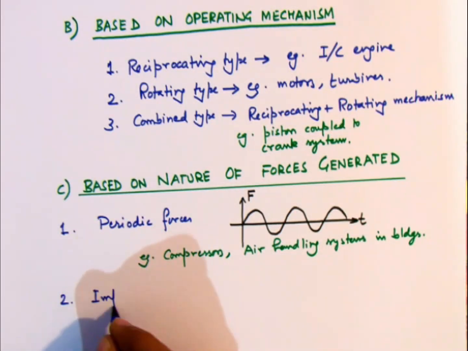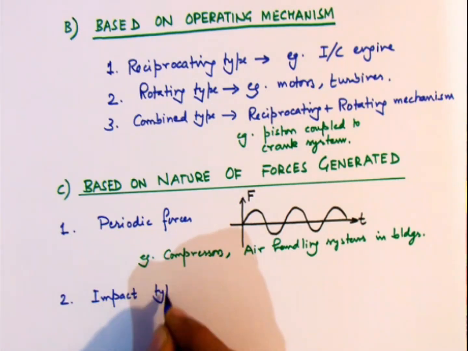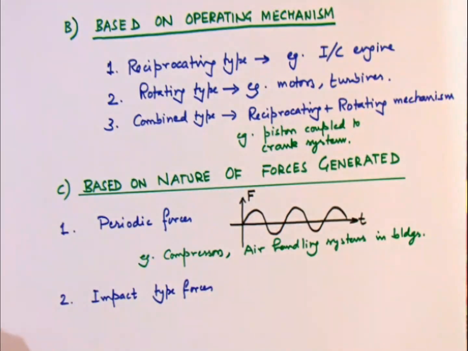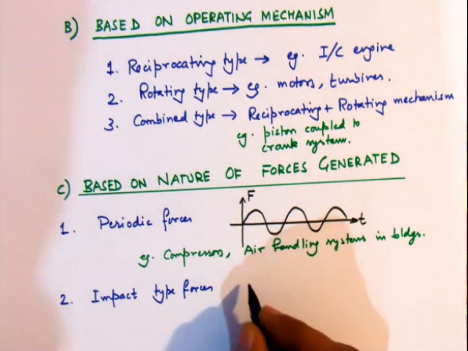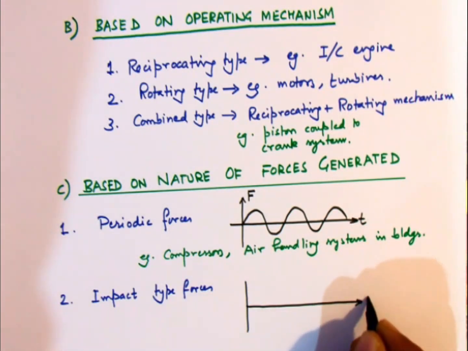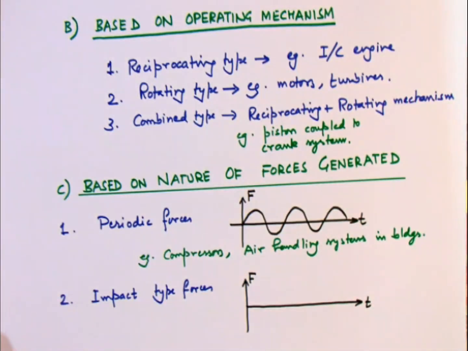Now the other type of machines are those which impart or generate forces which are not periodic. For example, they may generate impact type forces. So impact type forces are something like this if we plot their variation with respect to time.